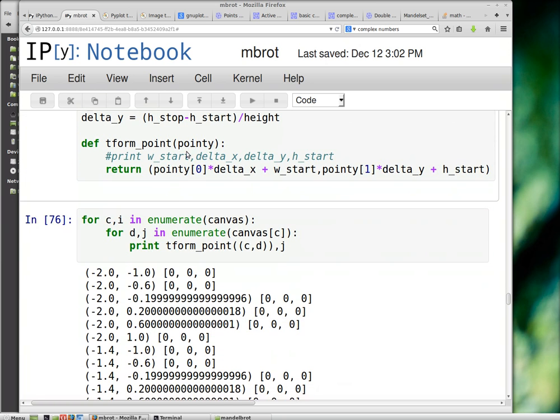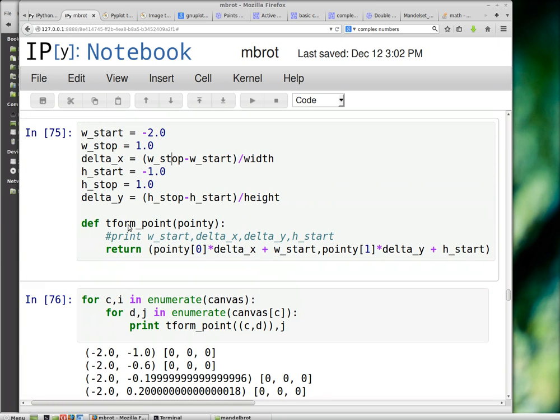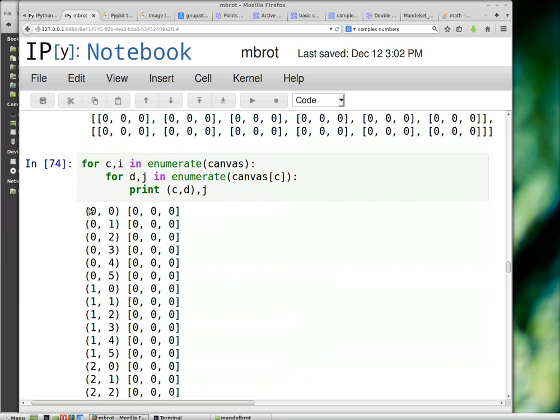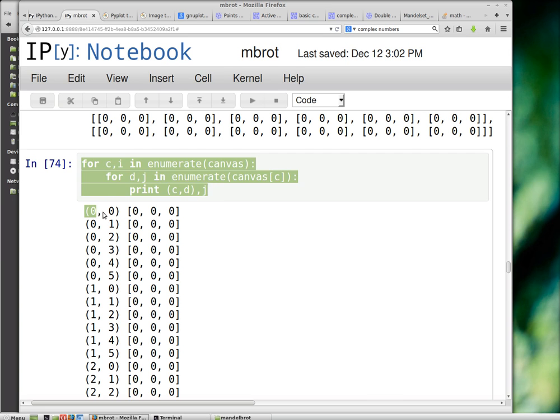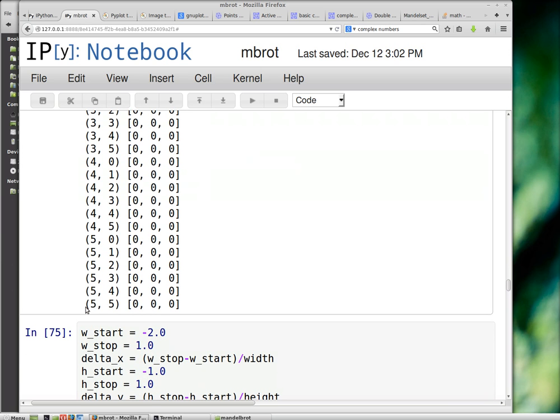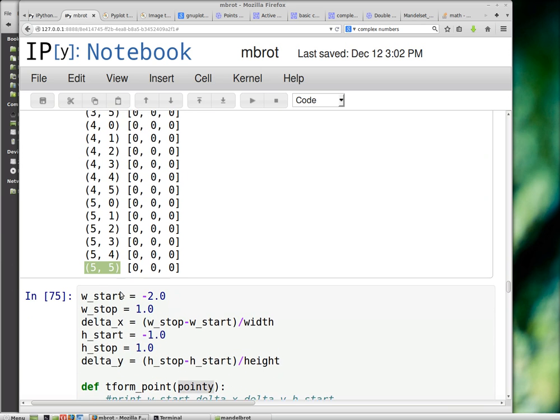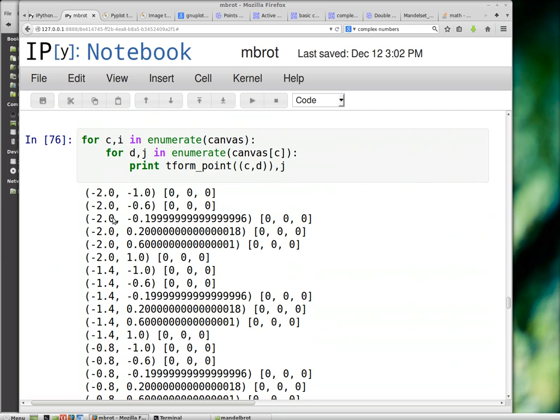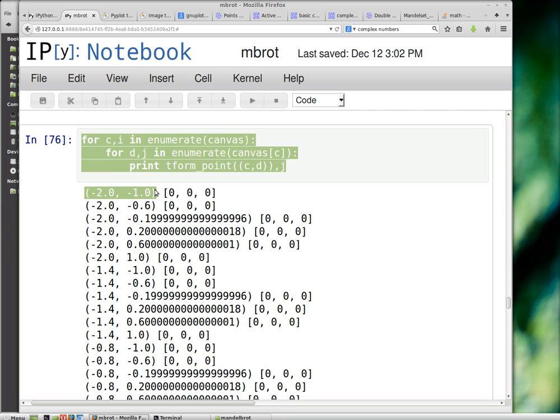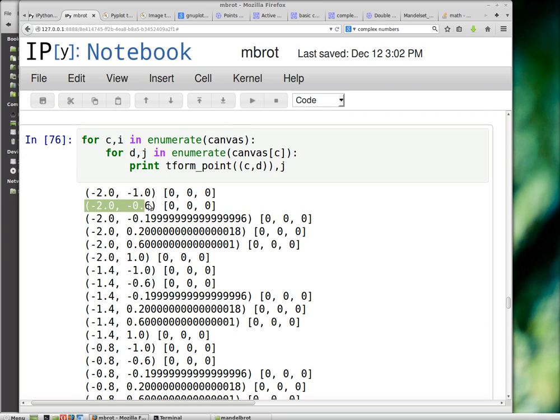Okay, so what I'm doing with this is transform point, and this is the input, which I call pointy. Here I have grid-like coordinates that go from one corner of the image to the other corner, but I want those to be the XY coordinates in the plane that I consider for the purposes of working with the Mandelbrot set.